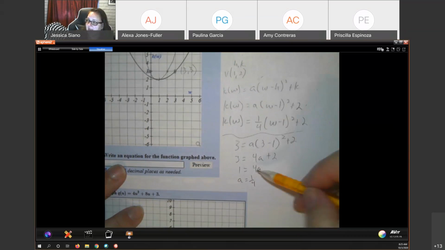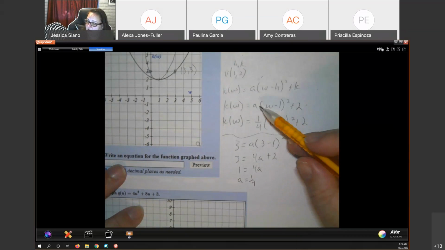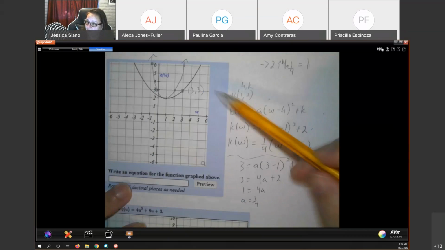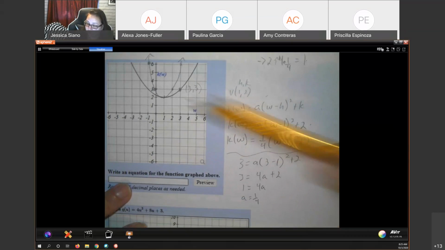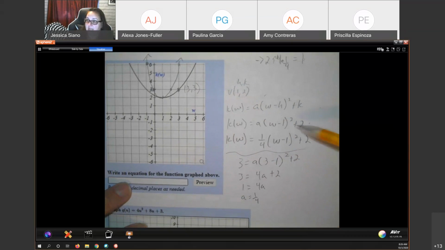So you have two options on how you can figure out what your A value is here. You can either use your transformation rules if you're comfortable with those. And if you're not comfortable with your transformation rules, then essentially we're doing the same thing here that we did when we were looking for B on the linear functions. Get a point, any point, plug it in, any point except the vertex, because this is the vertex, right? 1, 2.